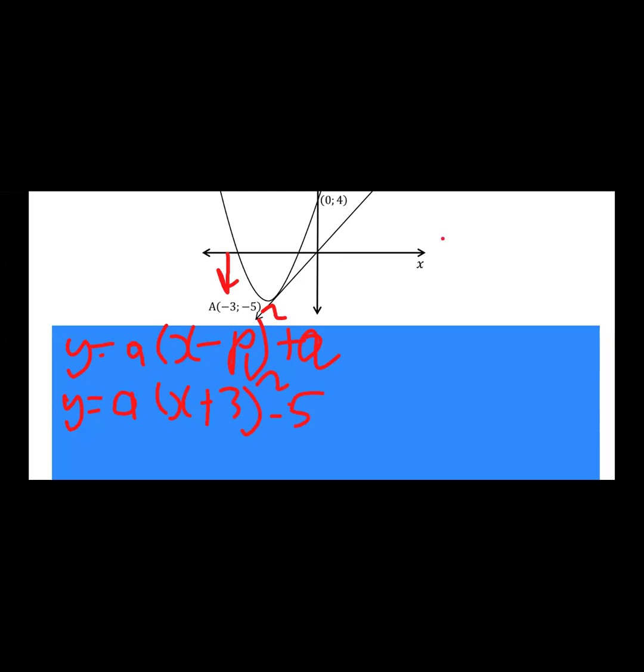Then you need a random point here, which is (0, 4), to substitute your x and y into the equation. Let's do that. Our y is 4, so 4 is equal to a, and your x is 0, plus 3, which is 3. Then you square it, and then you say -5.